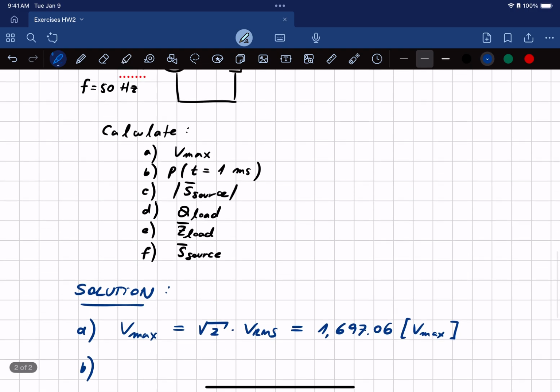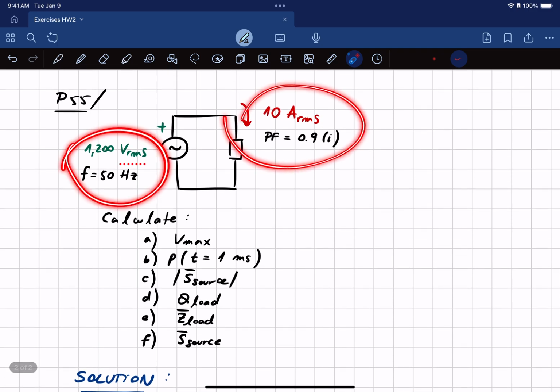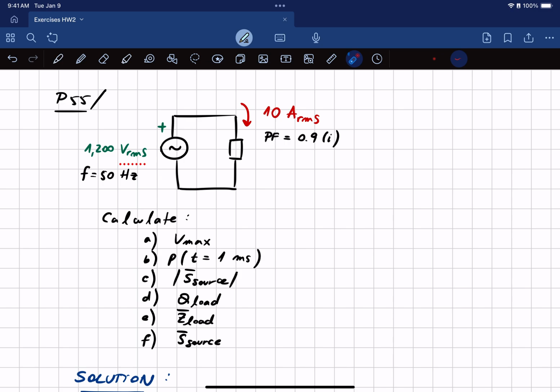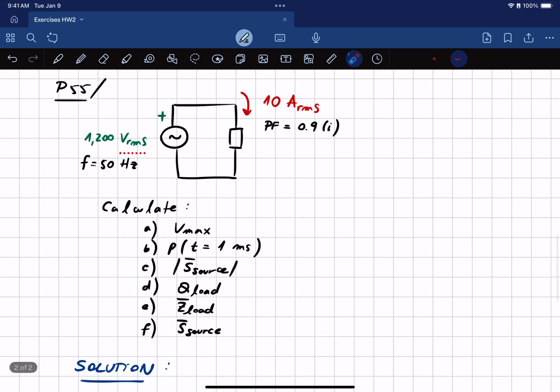So the problem says B. The instantaneous power absorbed by the load at t equals 1 millisecond. The important thing here is that you know that these are phasors. These currents are related to phasors that can be expressed in module and angle, but they actually represent the phasor domain representation of a time domain signal.